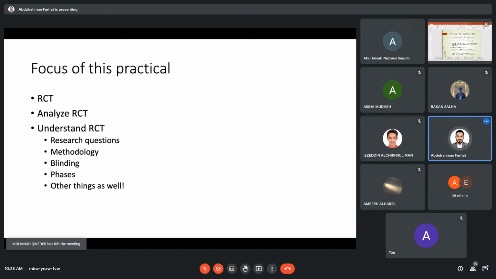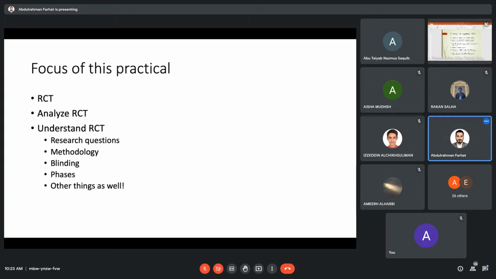By doing this, guys, you will later understand how to conduct them. If you want to conduct something, it's better to understand how it works first, then you will perhaps be able to conduct one of these things. So that's what we're doing here.